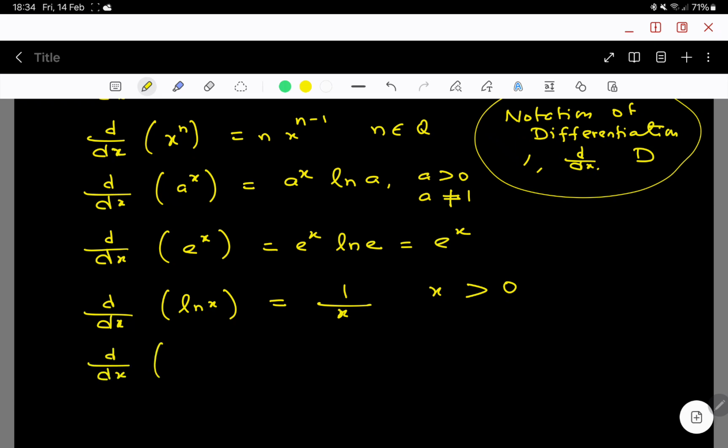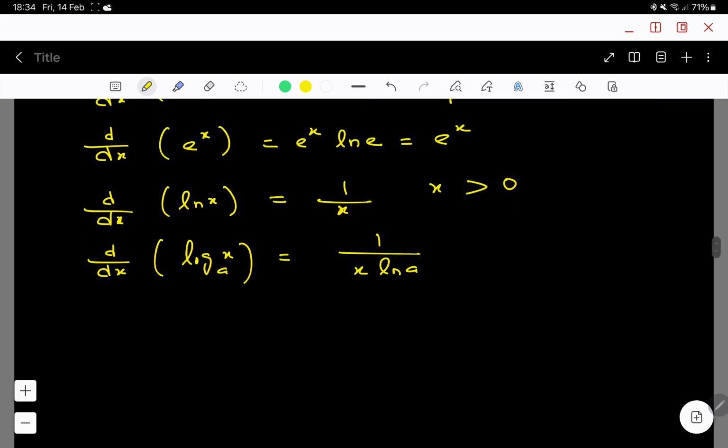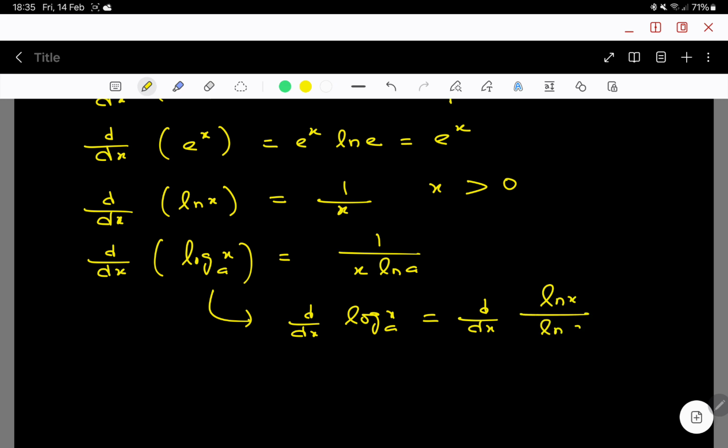D by dx of log x base a is 1 by x ln a. Okay, so we write log x base a, by change of base rule, as ln x by ln a.